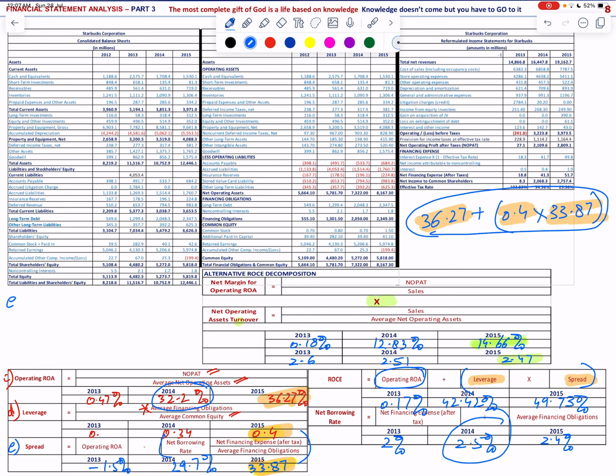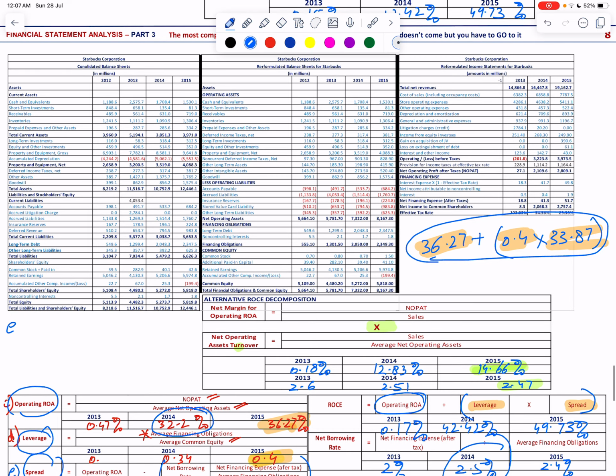Okay. So in this table, we can see that we have made the return on capital employed analysis by breaking it down into operating return on assets, leverage, and spread, using the data from the reformulated balance sheet and the reformulated income statement.